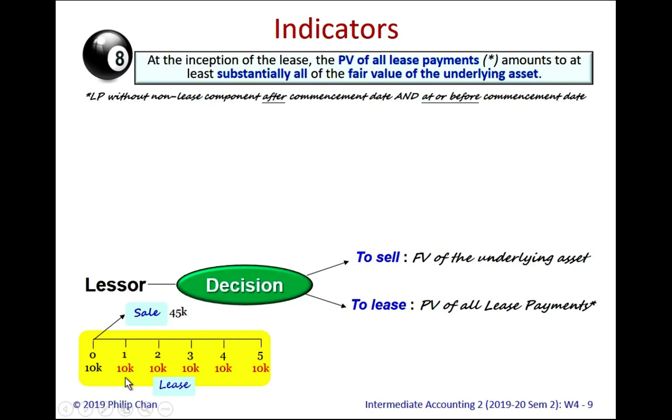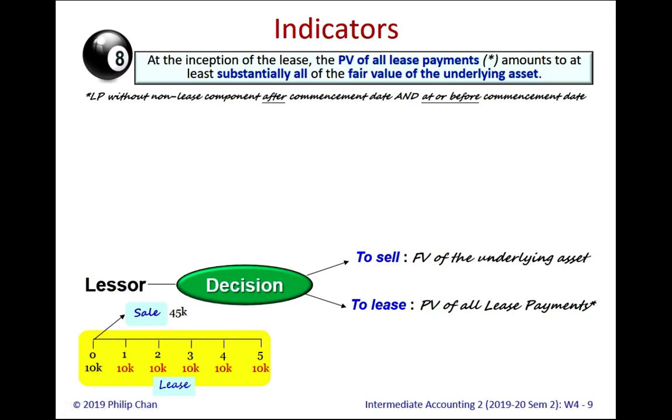Now, you may notice that I have highlighted the rest of the figures in red. Why? Remember, in week 3, we talked about them. They are considered as lease payments. The first 10K would not be considered a lease payment because it was paid at time t0, at the commencement or inception date.